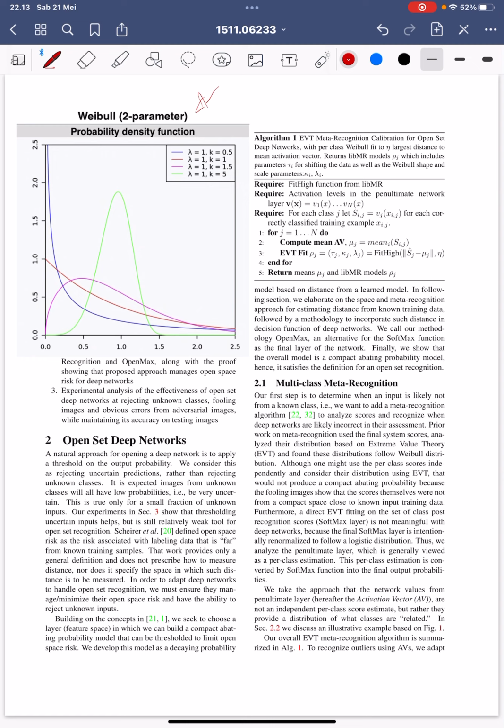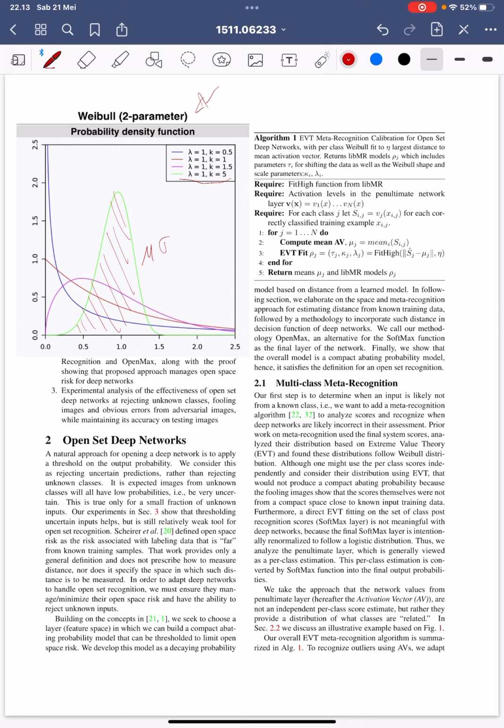When lambda is 1 and k is 5 here, you can see that it's similar to the Gaussian distribution. In a Gaussian, we tend to use the mean and also the variance to specify the width of the Gaussian or normal distribution. But in this case, it's quite flexible.